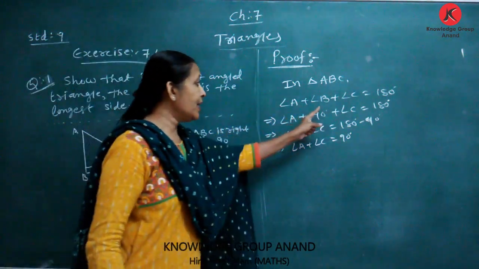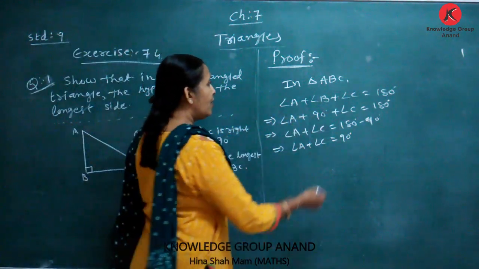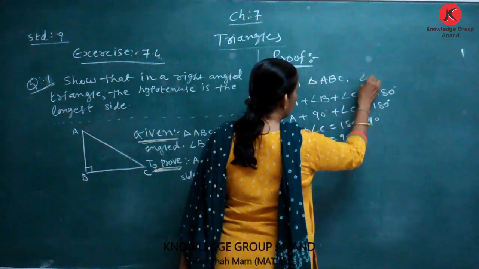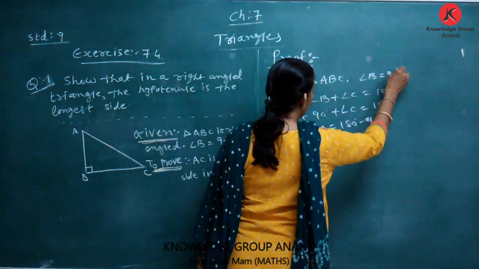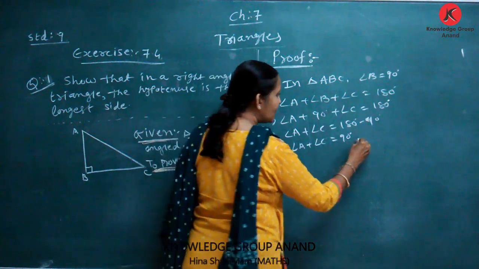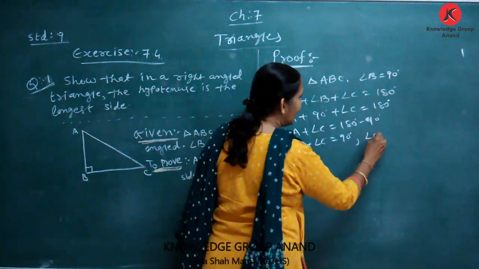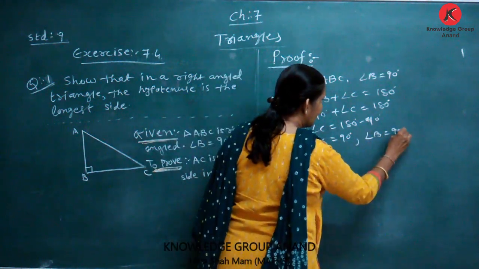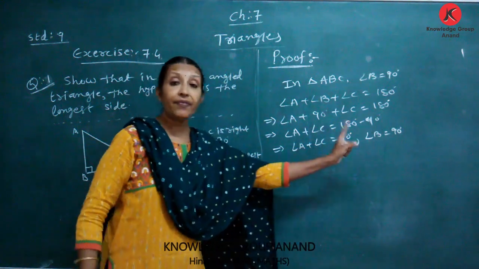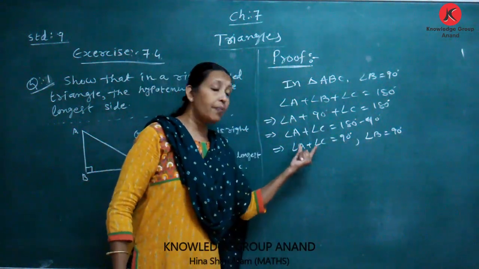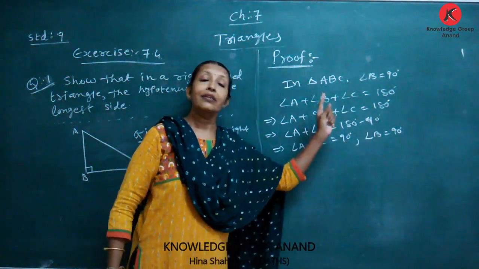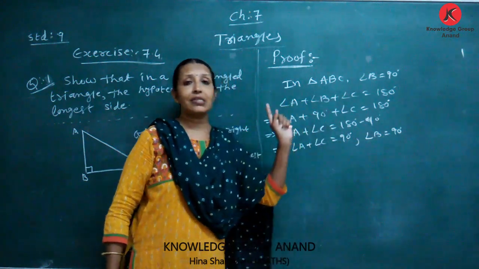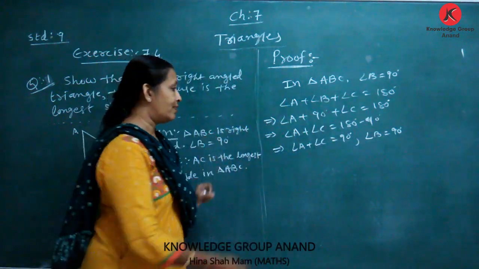Here angle B is equal to 90 degrees. Angle A plus C is equal to 90 degrees and angle B is equal to 90 degrees. There is only one such angle. Here the sum of two angles is equal to 90. Then angle B is the largest angle.